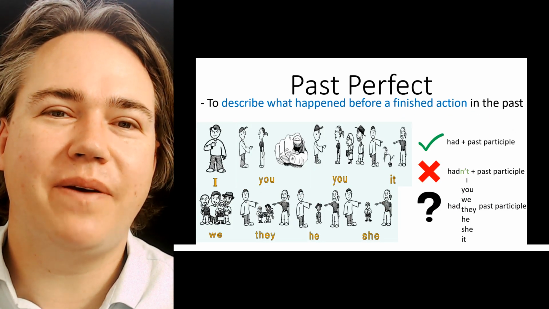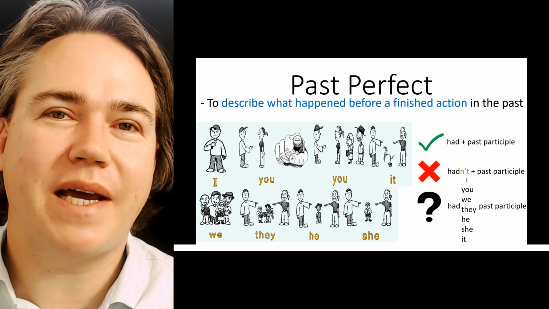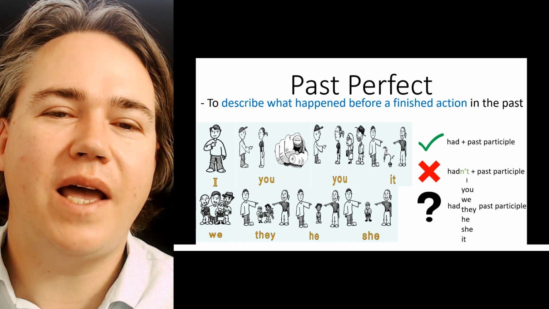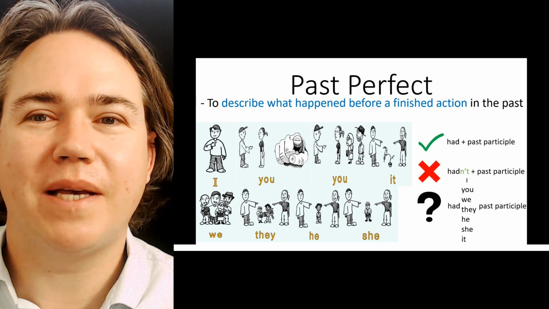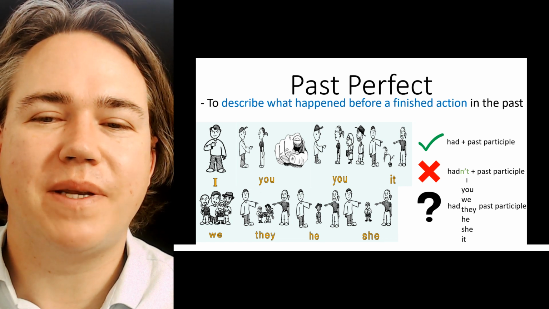So the past perfect to describe what had happened before a finished action in the past. And it works like this. I, you, it, we, they, he, she, had, and past participle. Hadn't, past participle.